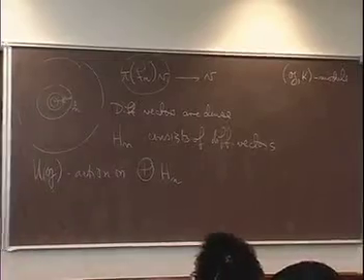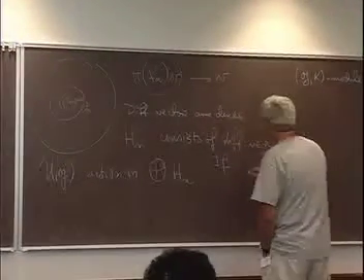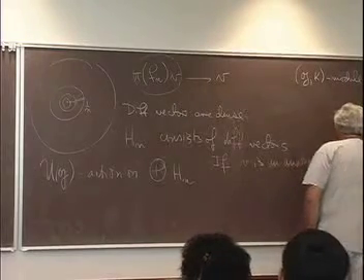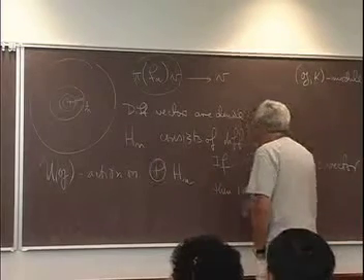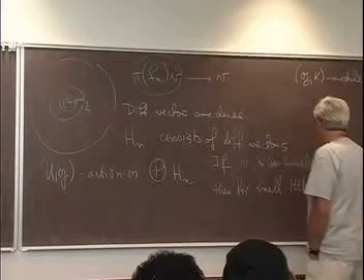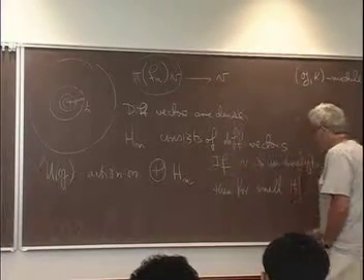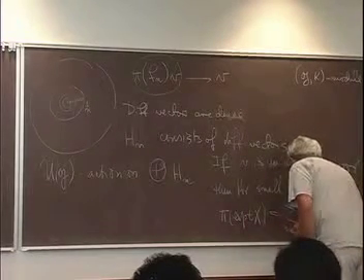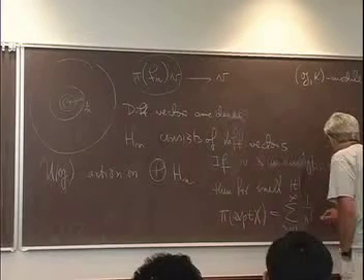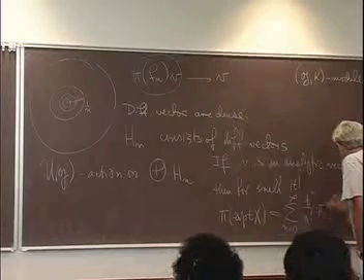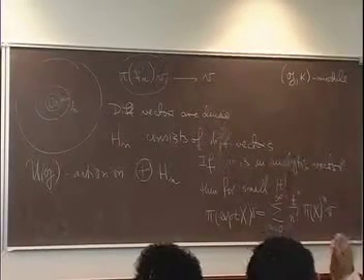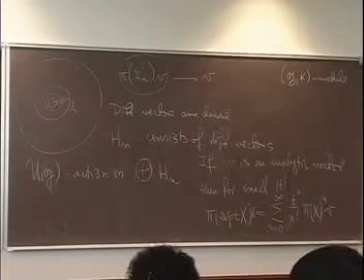In this case, if V is an analytic vector, then for small t, we have the formula that pi exp t of x applied to V is equal to the sum, n goes from 0 to infinity, 1 over n factorial, t to the n, pi x to the n applied to V. So this is the meaning that the vector is real analytic.